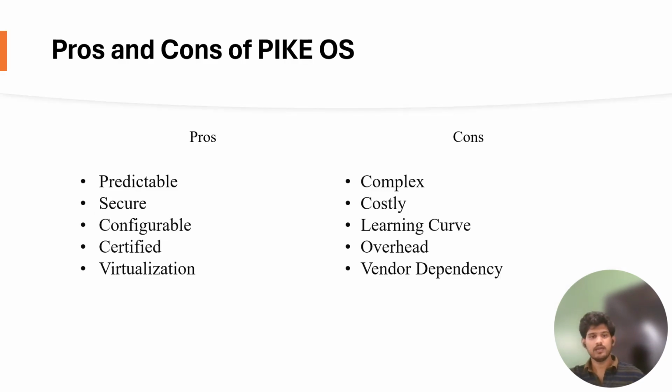So when it comes to advantages and disadvantages, it is predictable and a secure application. Obviously, that's the main thing for PikeOS, and it is configurable, like we need to configure it so that it can run multiple operating systems, and it is certified.